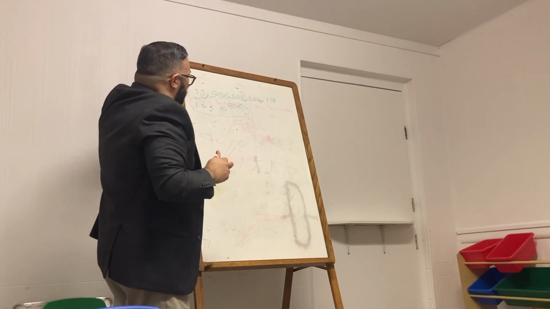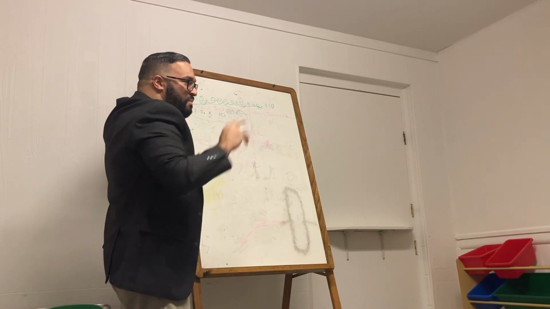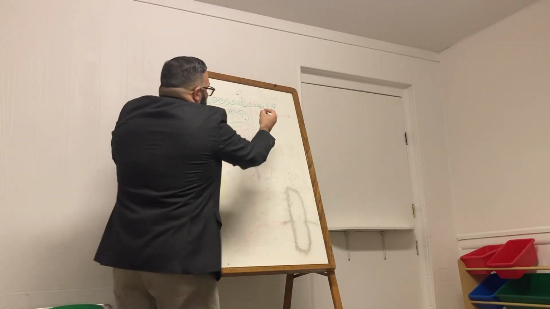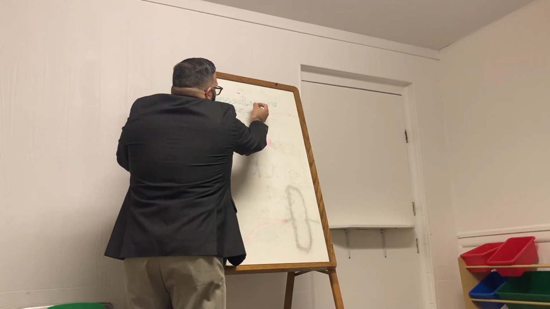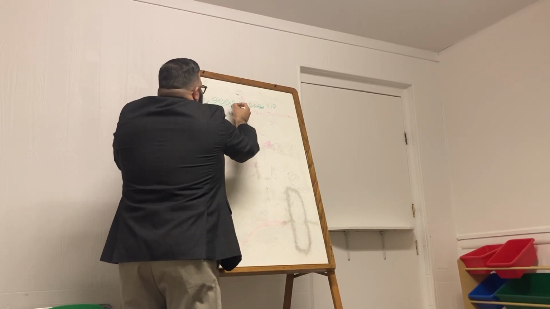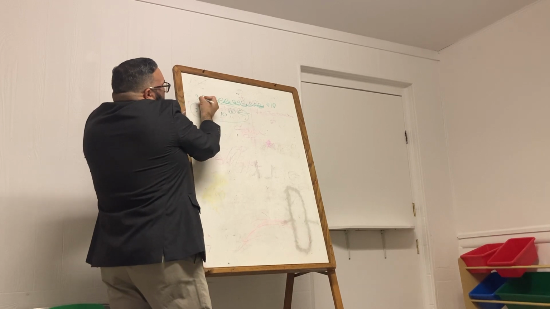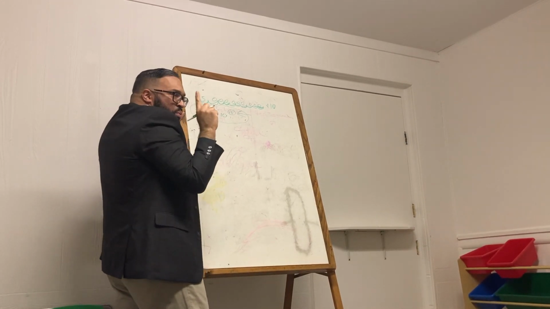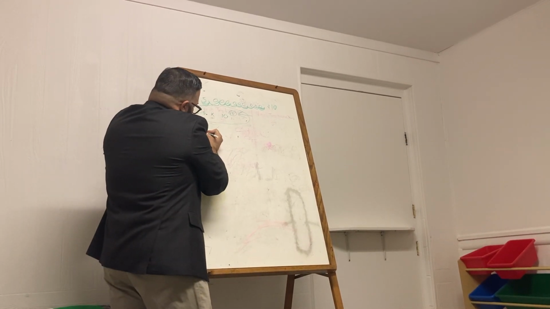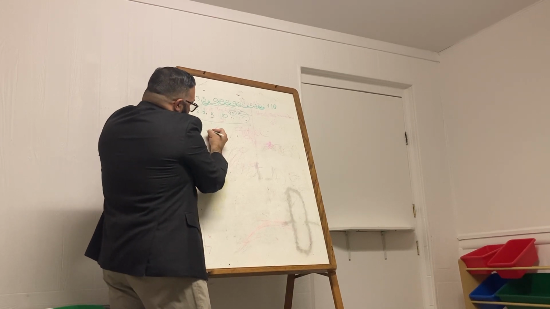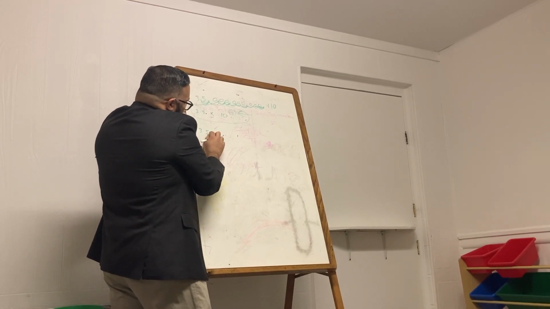How many times did we move the point? 1, 2, 3, 4, 5, 6, 7, 8, 9, and 10. We move it there, so we got one number in front of the decimal point and the other ones after it.